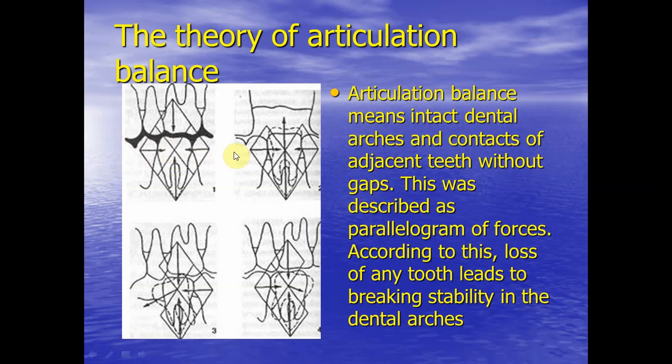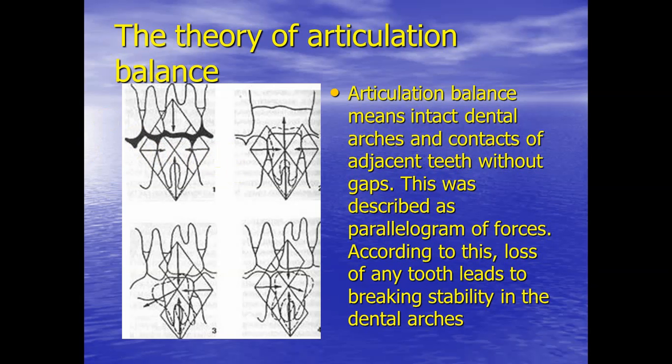This is also coming from chewing and biting on the teeth. And the occlusal load is spread along the dental arch from the contact points of the neighboring teeth and the periodontal ligaments, which connect periodontium of the neighboring teeth.